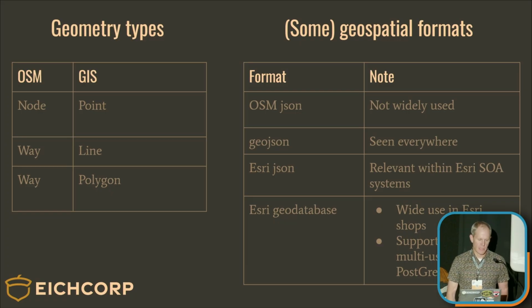Just a quick note about some of the things that you'll run into if you were to step through this process. OpenStreetMap has a categorization of nodes and ways, and that maps to the geographic information systems or GIS world of points, lines, and polygons. If you're not super familiar with GIS, commercial GIS like the Esri GIS does place some constraints on how your tables are organized, namely that a table is homogeneous with respect to the geometry type.